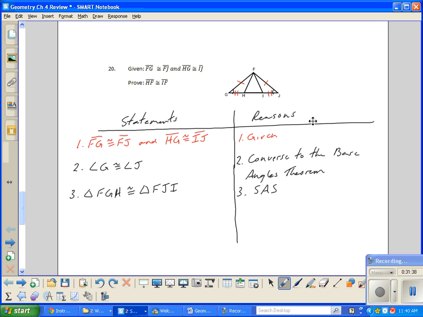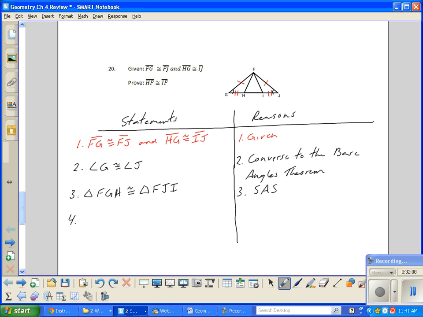And so now we've got these two triangles marked congruent. And what we know about congruent triangles is that their corresponding parts are congruent. So FH is part of triangle FGH, or HF is a part of triangle FGH, and IF is a part of triangle FJI. And since those two triangles are congruent, then the corresponding parts have to be congruent.